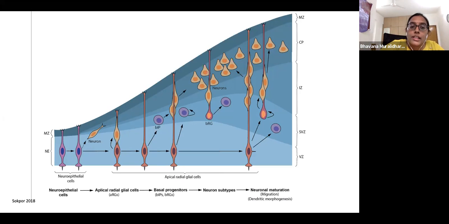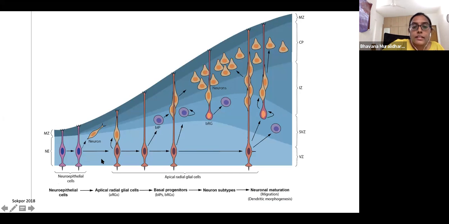It's purely because there is a mutation here in the division of these neuroepithelial cells. And because of the mutation, the proliferation is affected. You have a small pool of stem cells, which again give rise to all the different kinds of neurons. That's not affected. But what is affected is the number of stem cells to begin with, which could have generated the entire cortex. So this is a very crucial step, the symmetric division of this.